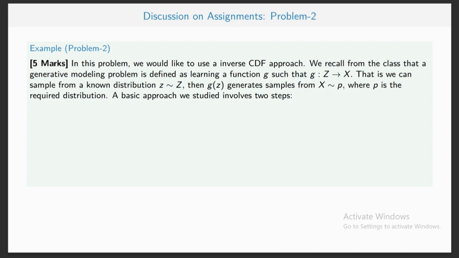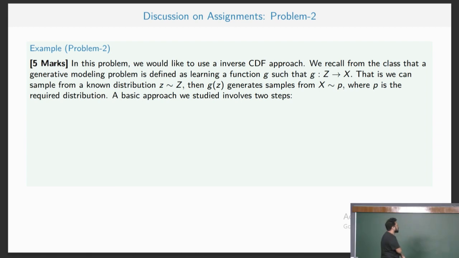Problem number 2 is on the inverse CDF approach, and this is something we did in class as well. One example we did. A generative modeling problem is one where you are learning a map G that takes you from a known distribution where you can sample easily, in this case Z, and gives you a generated sample.